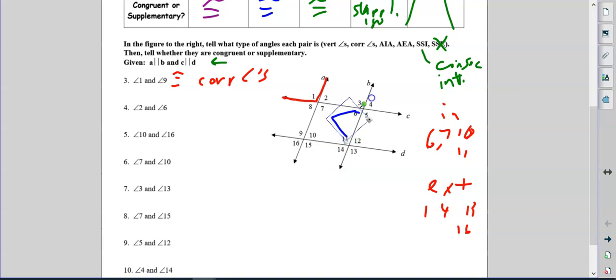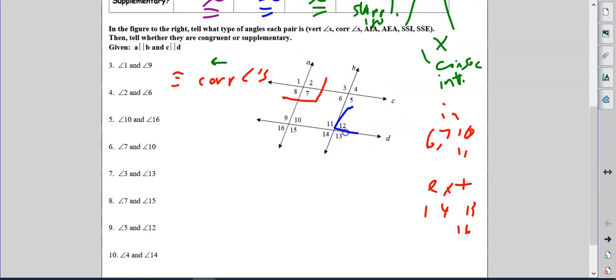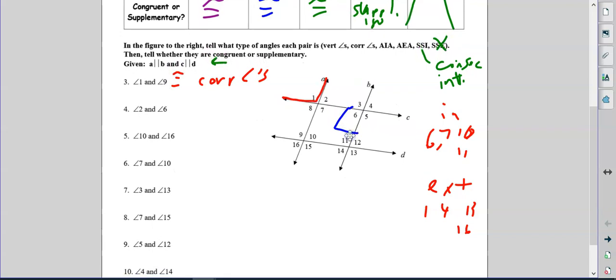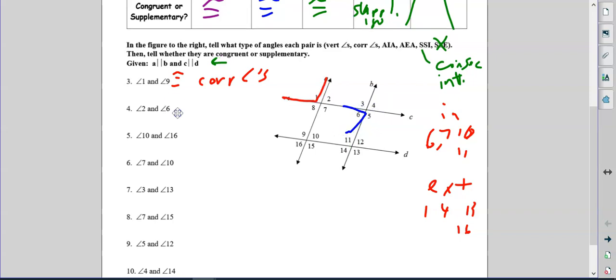All the acute angles are the same. So 2, and then 6 over here, which I already showed by spinning this around, are both acute angles. They are congruent.